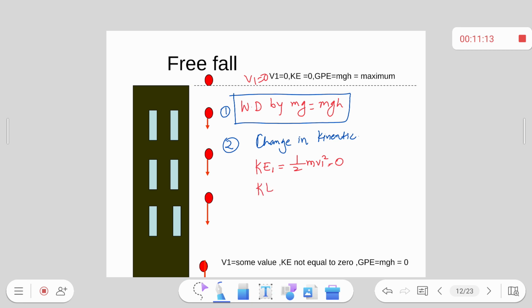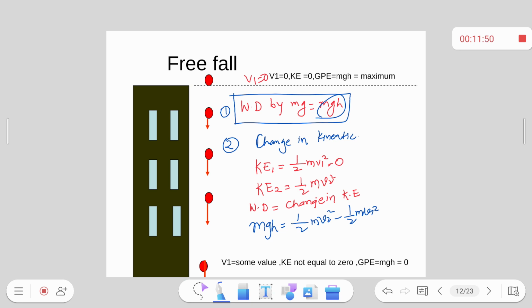I'm going to find out kinetic energy 2, half m v2 square, whatever the value of v2 is. If I apply the work energy principle, then work done equals the change in kinetic energy. So work done I know, mgh. Change in kinetic energy is half m v2 square minus half m v1 square.